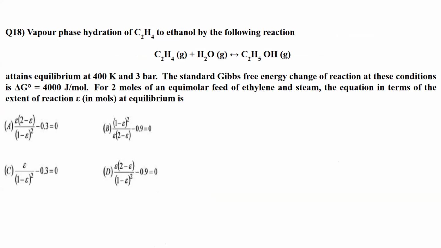Standard Gibbs free energy change of reaction at these conditions is delta G naught equal to 4000 joule per mole. For 2 moles of an equimolar feed of ethylene and steam, what is the equation in terms of extent of reaction at equilibrium?